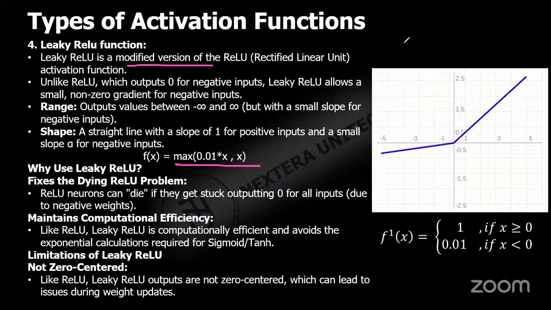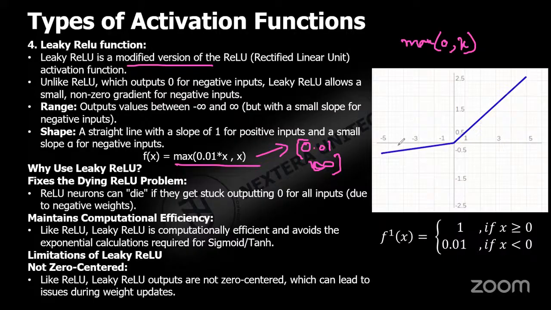The formula for ReLU is max of 0, x, but here we just added a very small coefficient for x, 0.01 into x. If x is infinity, the output will be infinity. If x is 1, the other value will be 0.01. I hope it is making sense, guys.